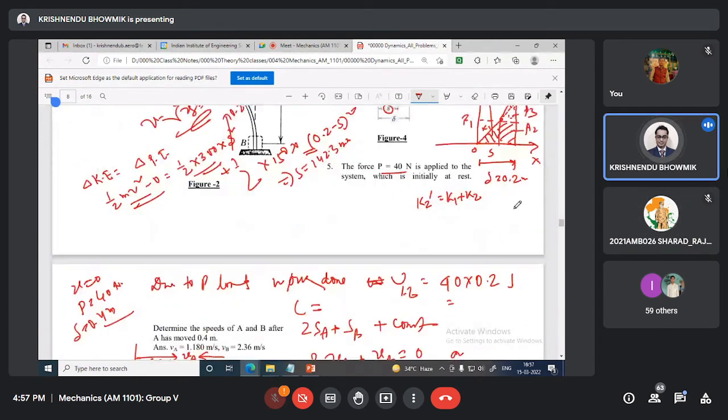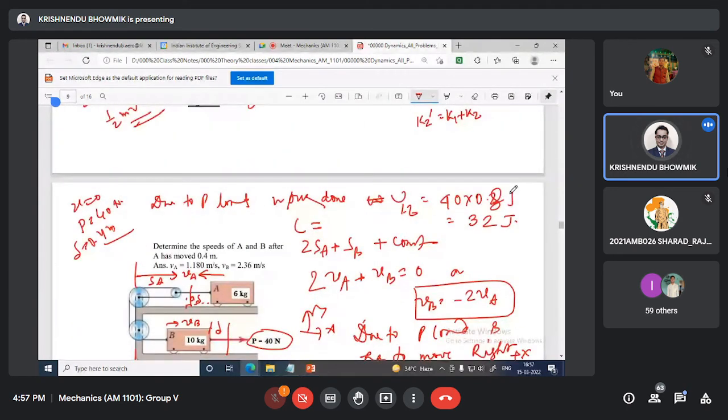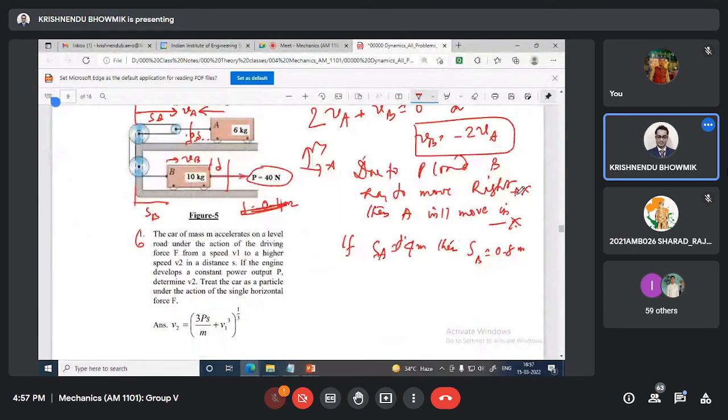So this work done will be 40 multiplied by 0.8, 32 joule. Okay. Now we understood that much joule of work has been done.